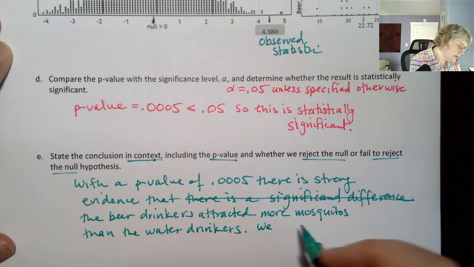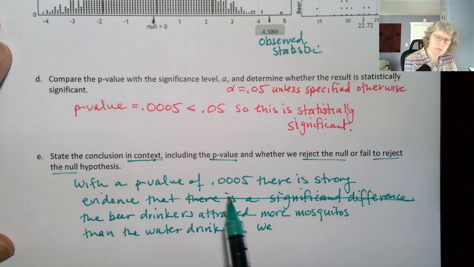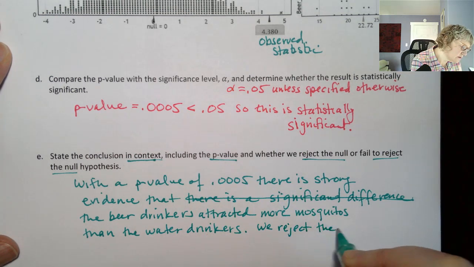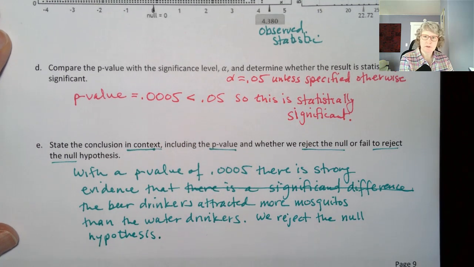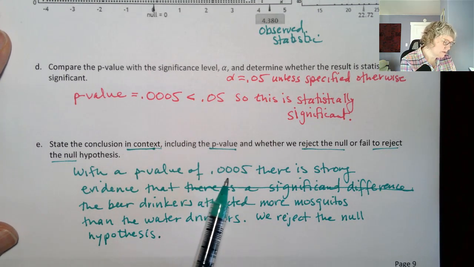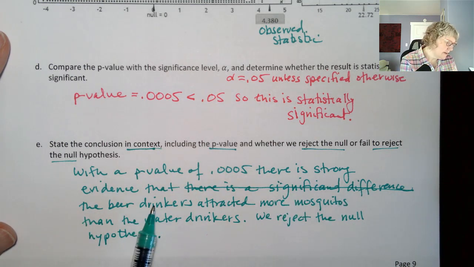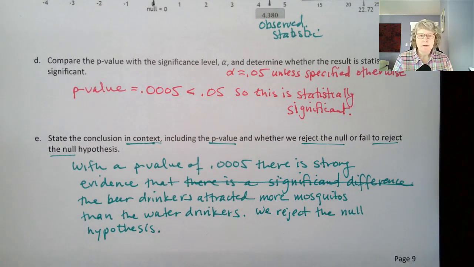And then I'll say because we have a very small p-value that's significant, that means we reject the null hypothesis. Okay, I could have put that in a different order. I could have said with a p-value of 0.0005, we reject the null hypothesis. There is strong evidence that beer drinkers attracted more mosquitoes than the water drinkers. Okay, so anything along those lines. Perfect. Well, let's do another test in the next video, and I'll see you there.